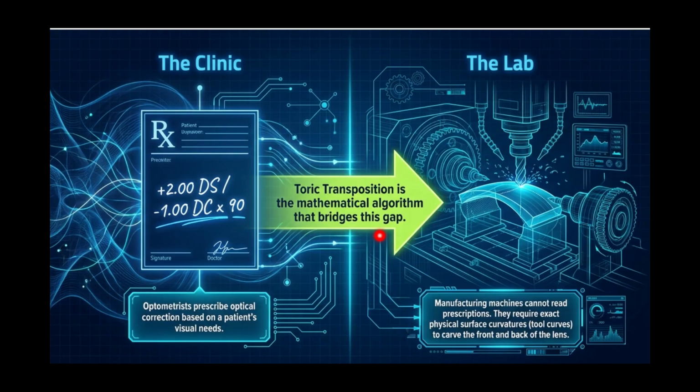Okay, so finally what have we achieved? This is the clinical prescription, and by doing all these steps of the toric transposition algorithm, we are bridging the gap from the clinical prescription to the optical lab for producing or manufacturing the lens in the final form.